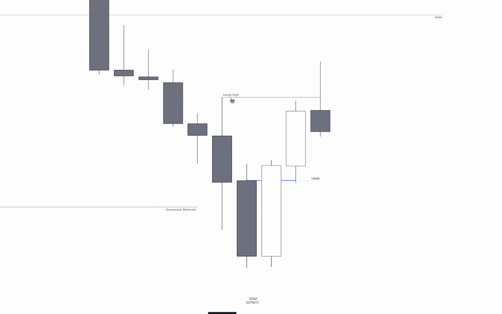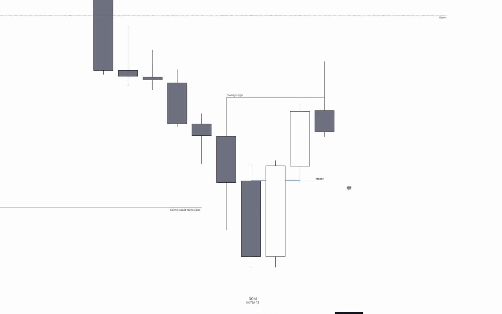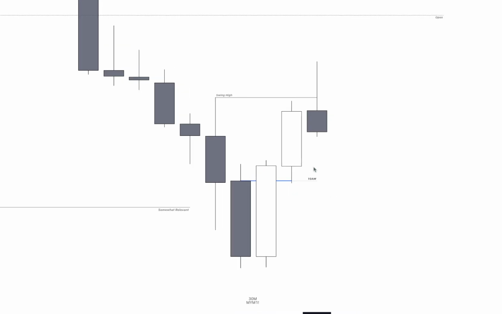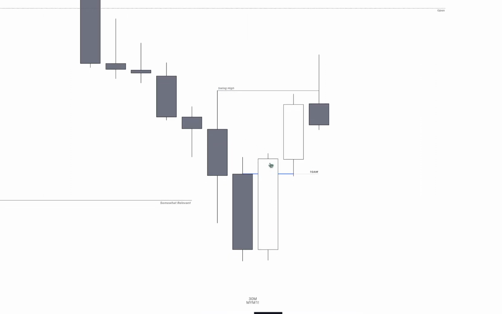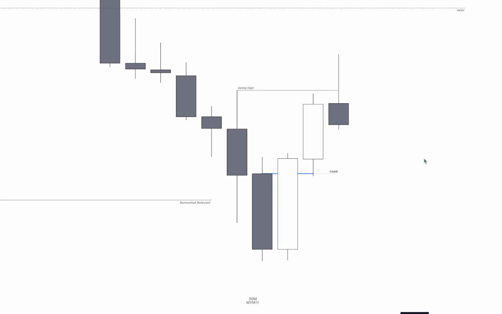In this case, being the swing high, because we don't have a fair value gap here. If we had a fair value gap between these two candles, then yeah, sure, I would have traded it lower. But since we don't have that, the most logical point that I can see price reversing from is the swing point. So seeing this candle close, creating a C3 closure, I'm looking for this candle to continue higher, right?